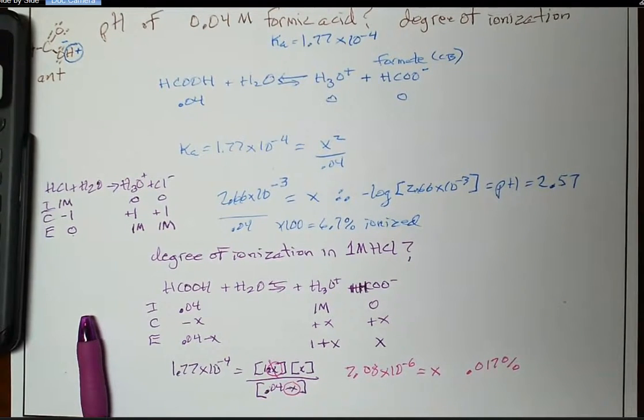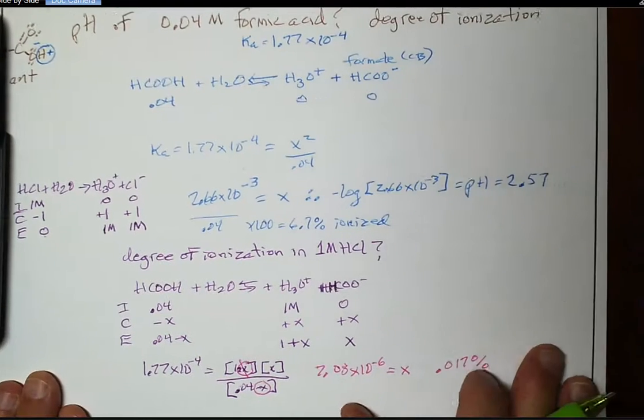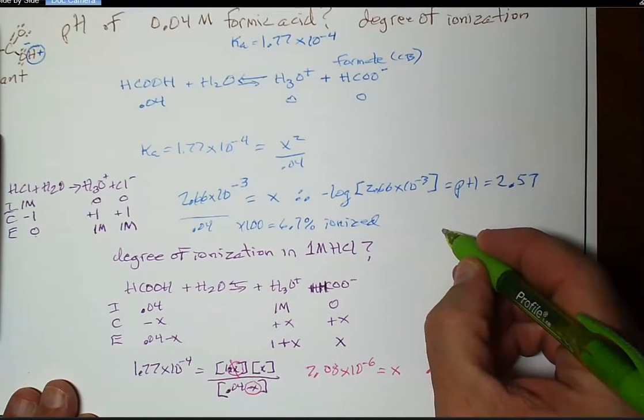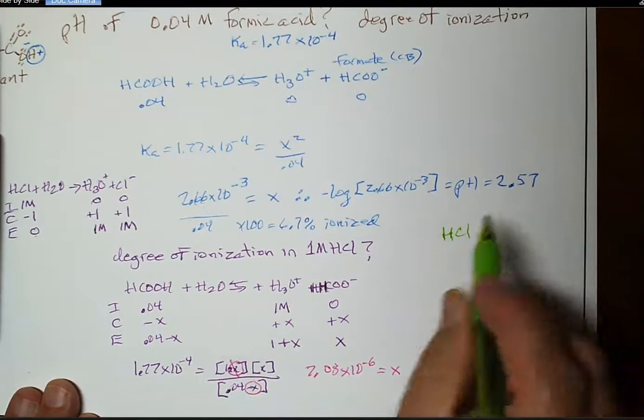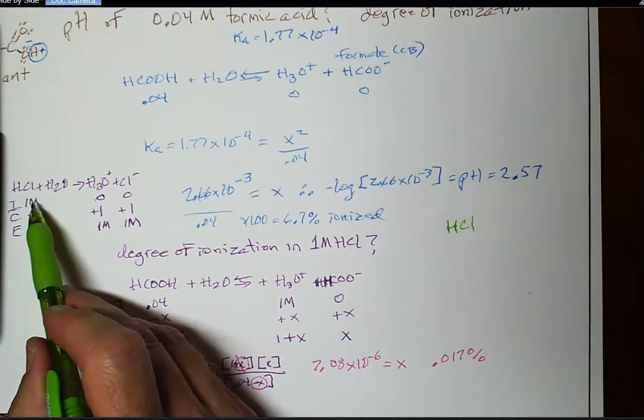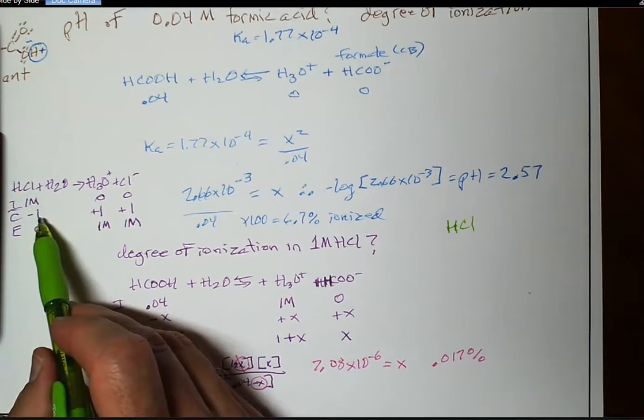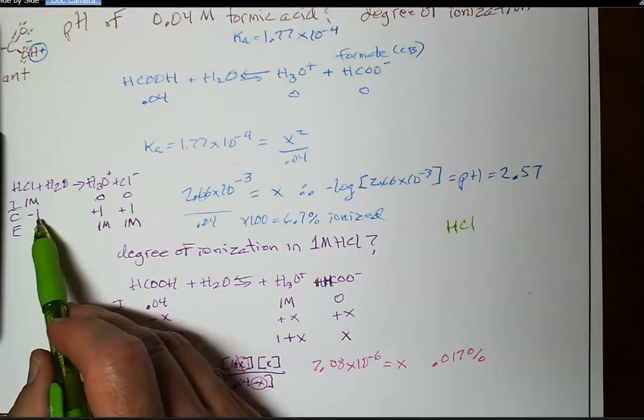One last thing about this. I just may have blown your mind by saying yes, pH can go below 0. Okay, so let's go right over here and I'll write in green to make this stand out. Hydrochloric acid. Okay, looking at it over here, when it was 1 molar and it ionized completely, how much of it breaks down?